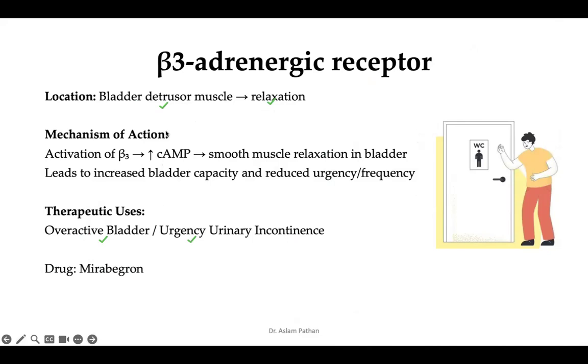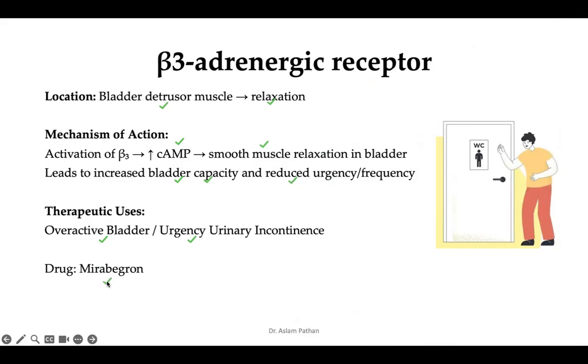What is the mechanism? Activation of the beta 3 receptor in the urinary bladder leads to increase in the cyclic AMP, secondary messenger, leads to smooth muscle relaxation in the bladder, leads to increased bladder capacity, and this capacity increase is reduction of urinary urgency and frequency.